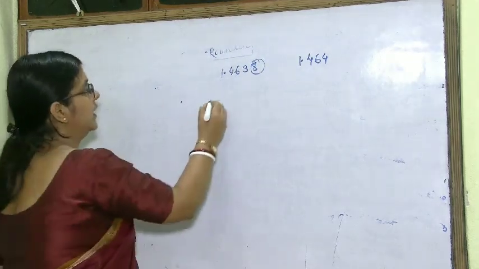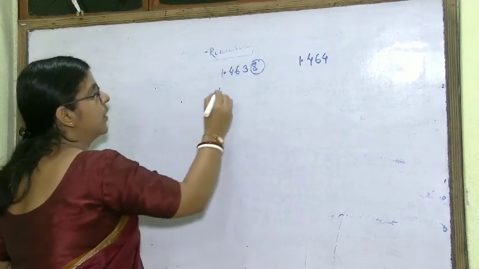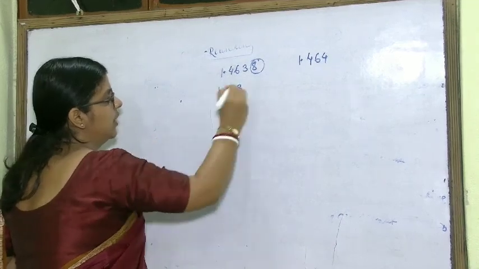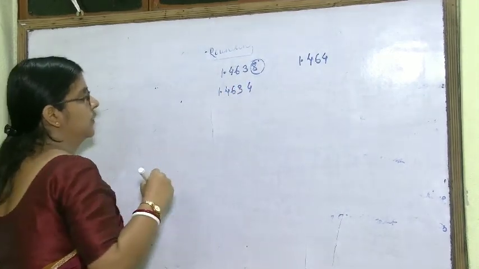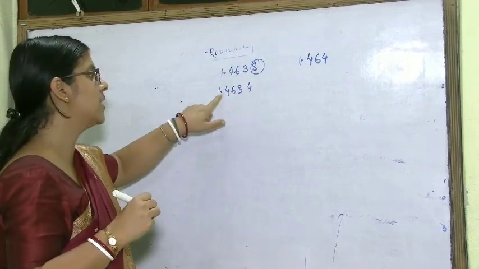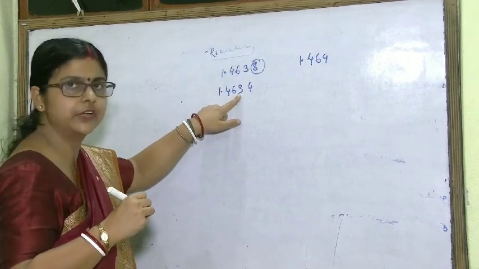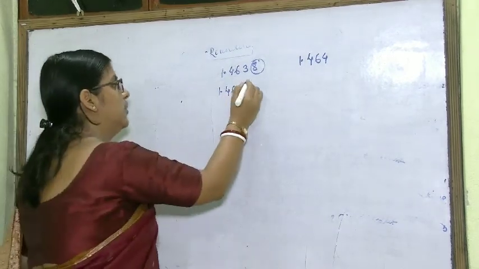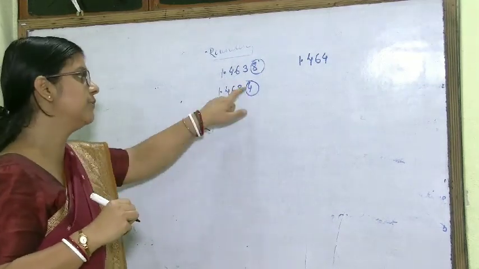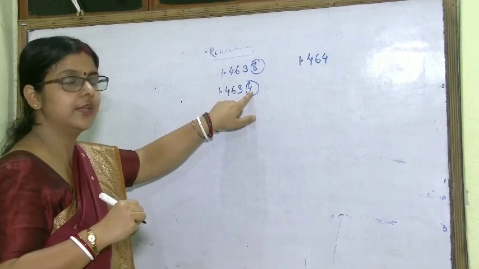Now, the second rule. Suppose you are given 1.4634, where this 4 is to be dropped. If it is asked to round off to 4 significant figures, then you will have to see the 5th digit. This 5th digit is less than 5.